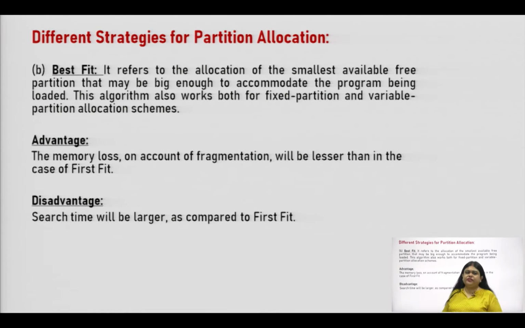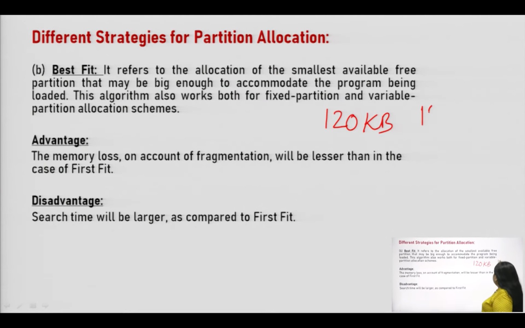When we are talking about best fit, what is the technique behind it? The technique is that whichever smallest block of memory is available for that particular process, we are going to allocate that memory to that process. For example, let us say there is a process of 120 KB size and we have two memory blocks, 150 KB and 600 KB.